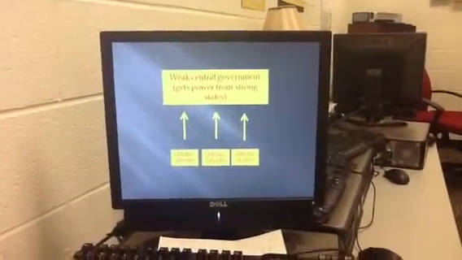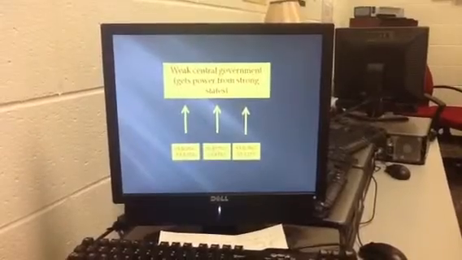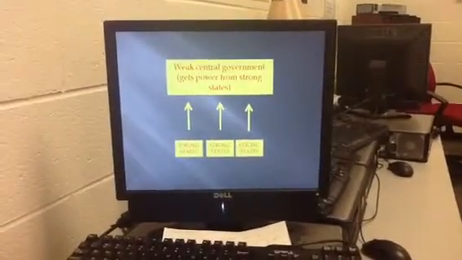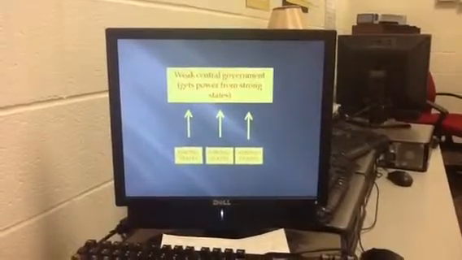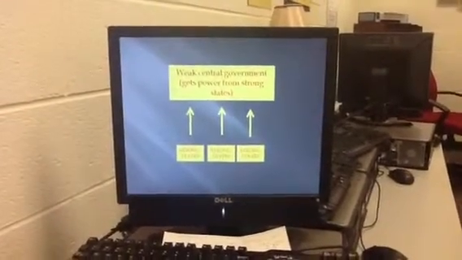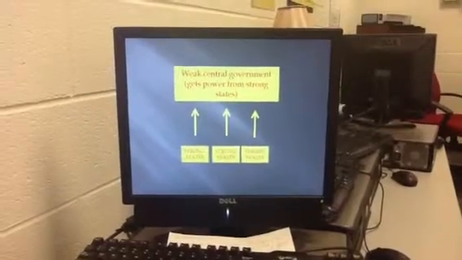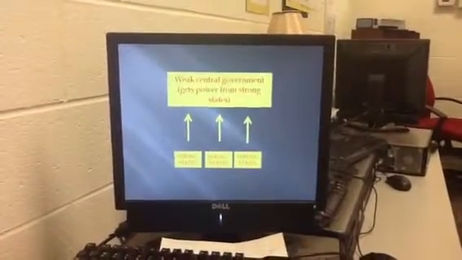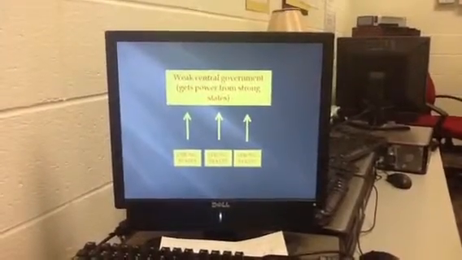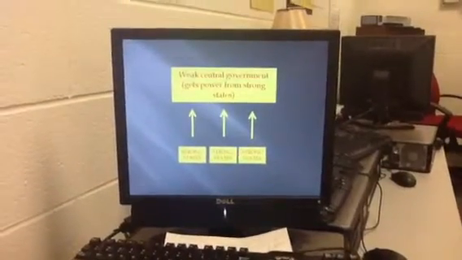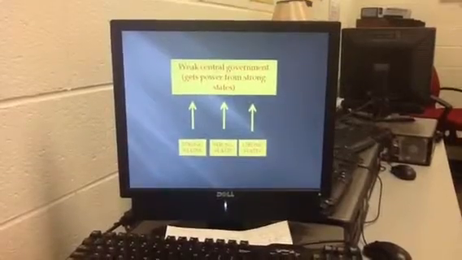The people have revolted and given the power back to the states. In this system of government, a confederacy, those strong states are giving limited power to the weak central government. For example, they kind of give them the power to hold conferences and speak on the behalf of that loose organization of states.